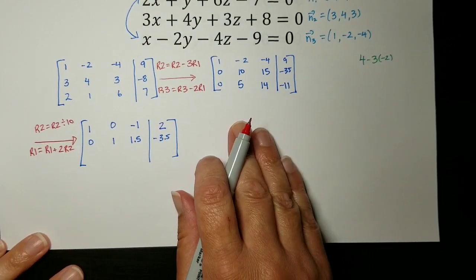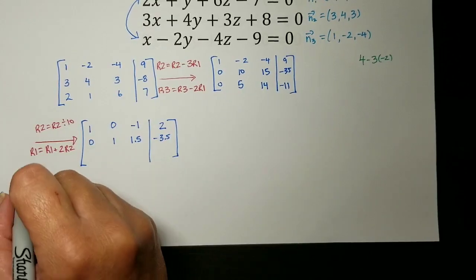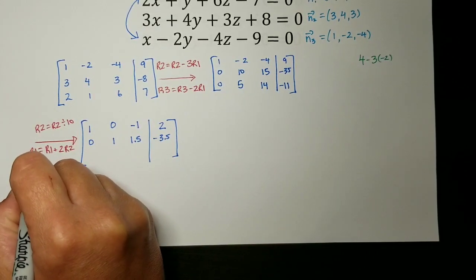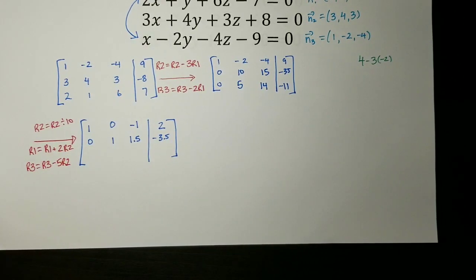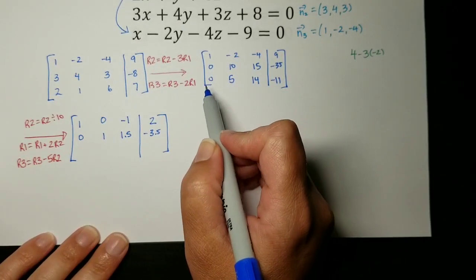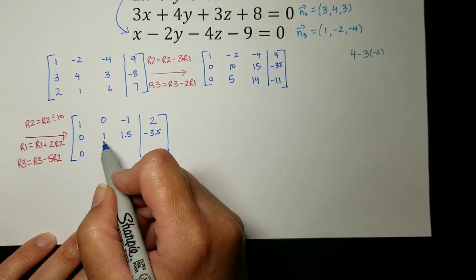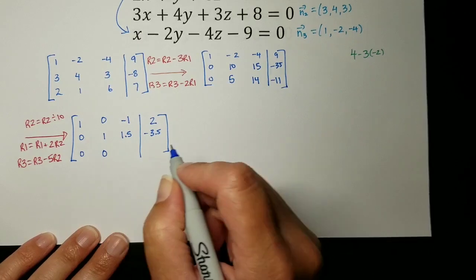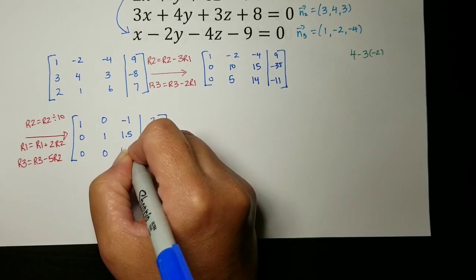And then I'm going to have to get rid of this 5. So I'm going to be subtracting 5 times row 2. So row 3 is row 3 minus 5 row 2. So here we've got 0 minus 5 zeros is still 0. 5 minus 5 times 1 is 0. 14 minus 5 times 1.5 is going to give me 6.5.